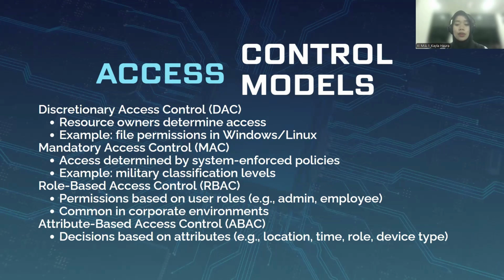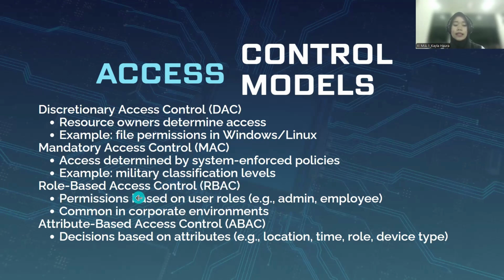So access control models. First, discretionary access control or DAC. Resource owners determine access, for example file permissions in Windows or Linux. And then mandatory access control or MAC, access determined by system-enforced policy, for example military classification levels.